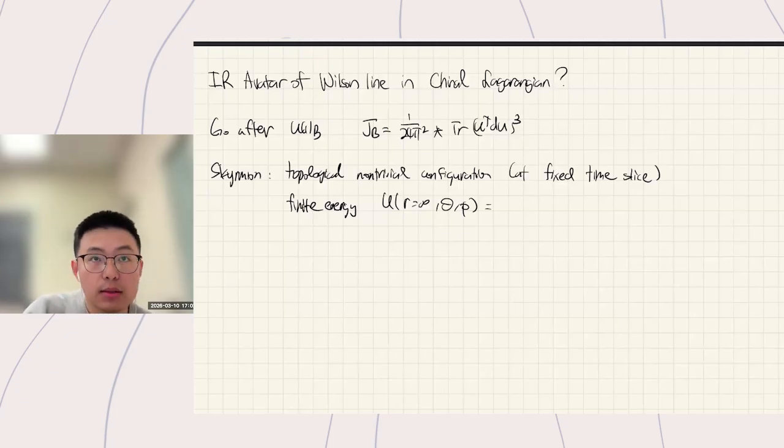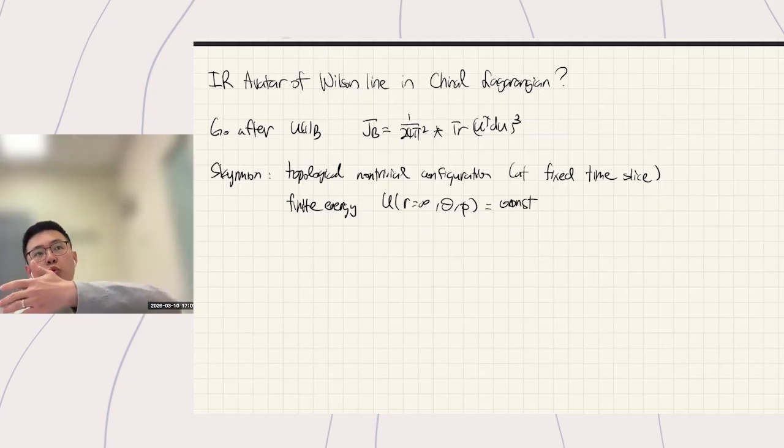It has to be a constant. Otherwise your field U has non-trivial variations at infinity, which creates kinetic terms that blow up the energy of the configuration. So you require U to have finite energy at infinity.